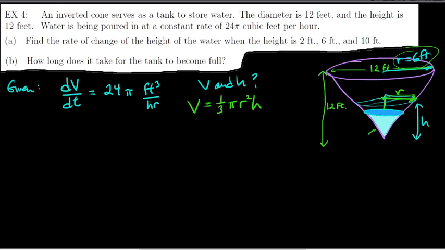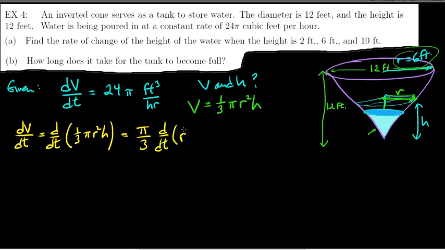So we can now just take the derivative of the volume if you want. The volume being 1/3 times pi times r squared times h. The 1/3 and the pi are constants, so they can come outside. I'll just write it as pi over 3 if you prefer. And then we need to take the derivative of r squared times h. So how do you do that? Well, r and h are both variables here.